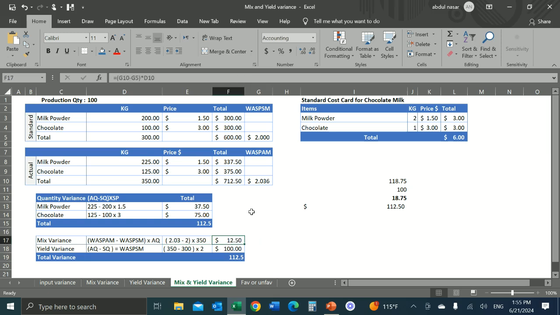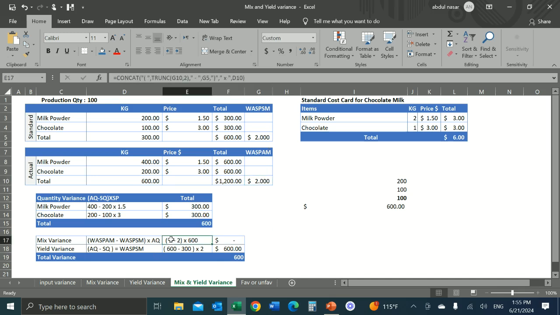This difference is happening just because the mix is different. When the mix is different only, you will have a difference in weighted average cost. That's what I explained. If I make this 400 and this 200, you can see there is no mix variance, because both are 2.